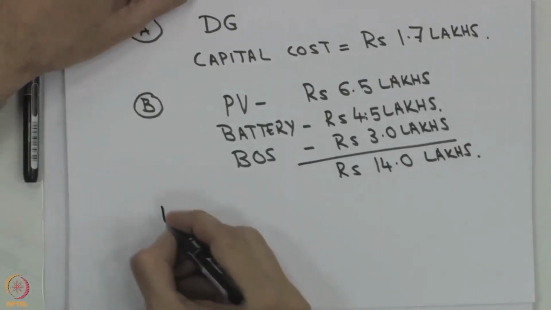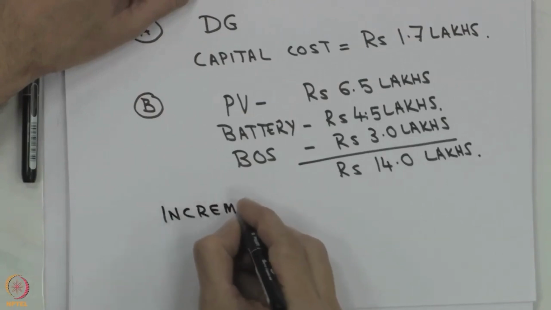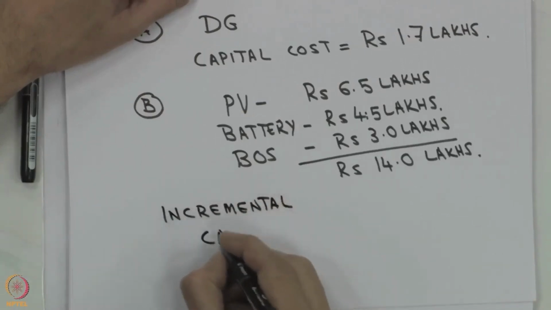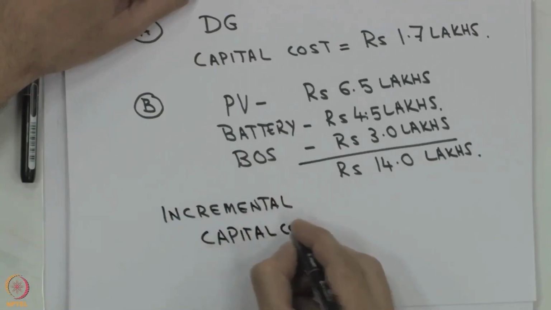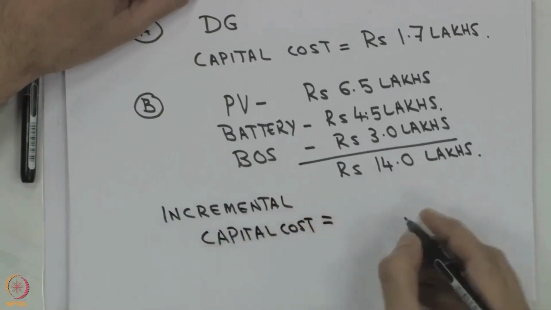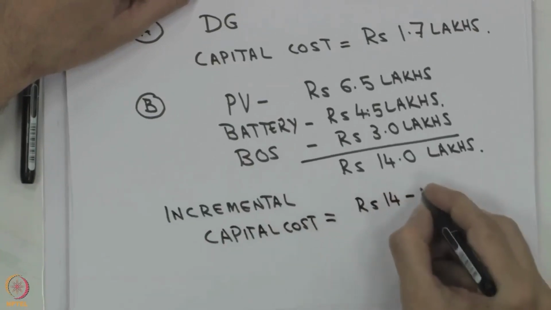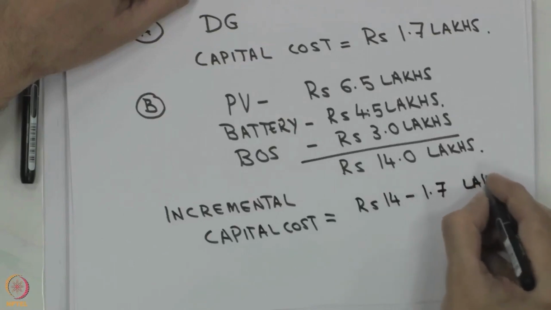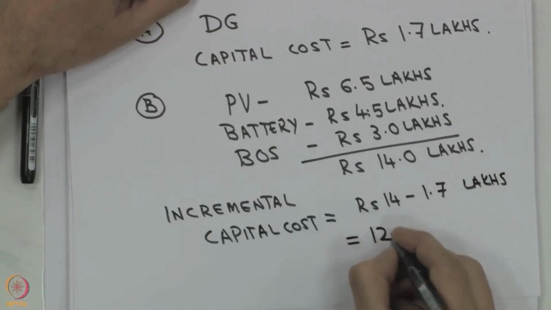What is the incremental investment, incremental capital cost? Incremental capital cost is going to be rupees 14 minus 1.7 lakhs, and that is nothing but 12.3 lakhs.